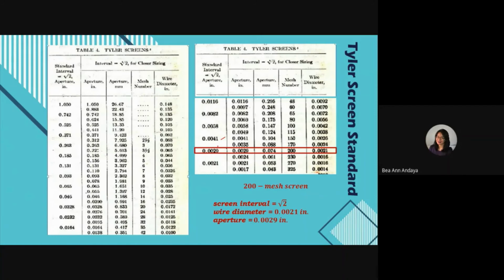Kung maglalagay naman tayo ng screen sa ibaba nito or gusto nating maglagay ng screen na mas pino yung butas nito, all you have to do is to divide this one by square root of 2. So 0.0029 divided by square root of 2, makakakuha naman tayo ng 0.0021.